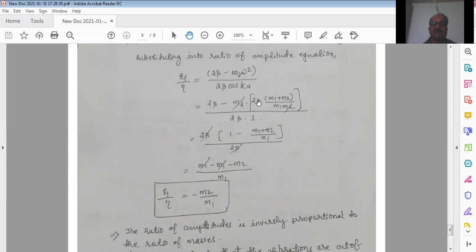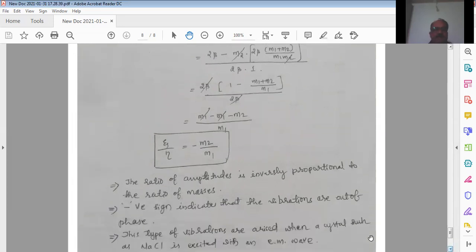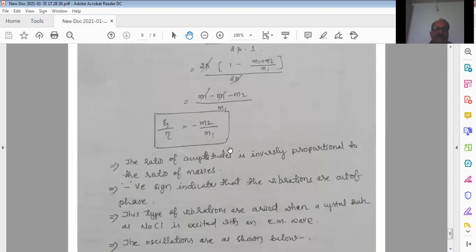Here m2 and m2 get cancelled, and 2 beta is common and cancelled. Then m1 minus (m1 minus m2) by m1, m1 gets cancelled. Lastly we are left with zeta by eta equal to minus m2 by m1.